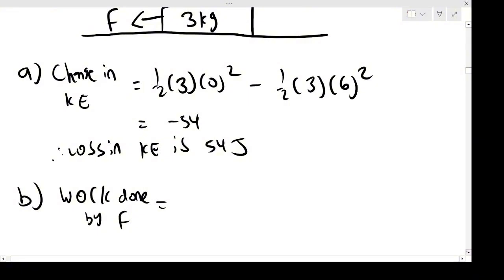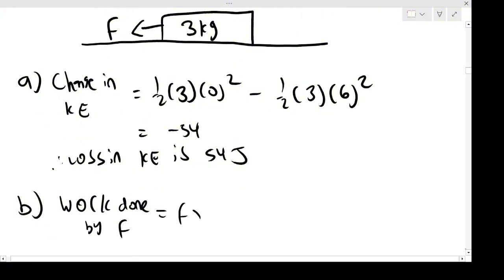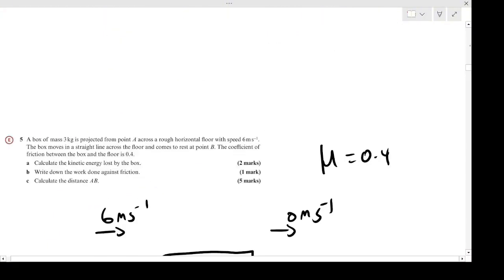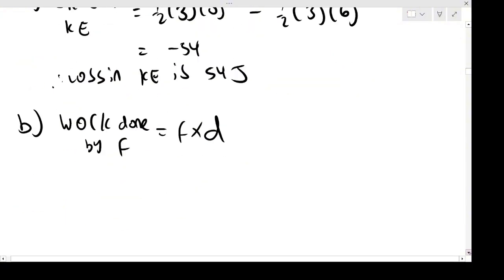So the work done by the friction force, that's going to be F times the distance, which is, they've not told me that actually. So we don't know either, which is very, very unhelpful. So we obviously can't proceed by using the formula.